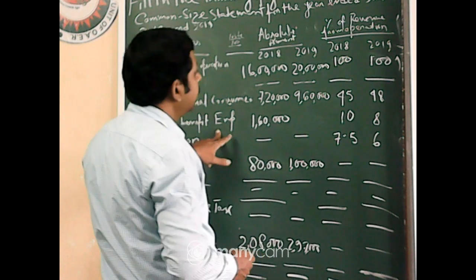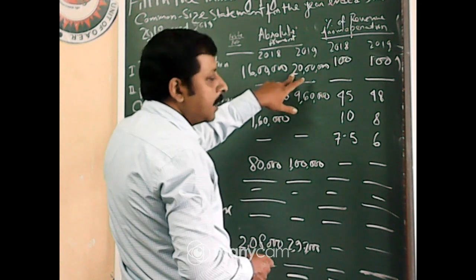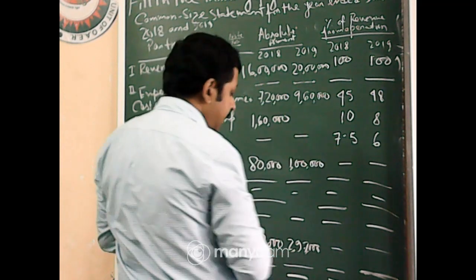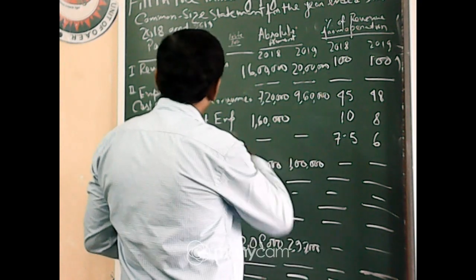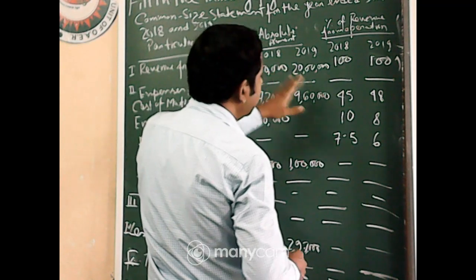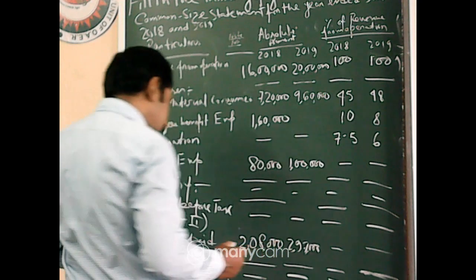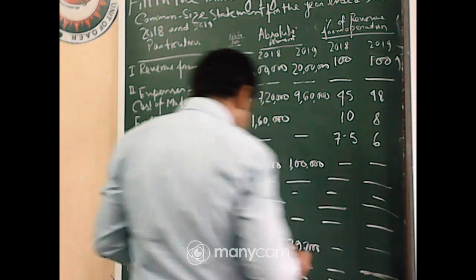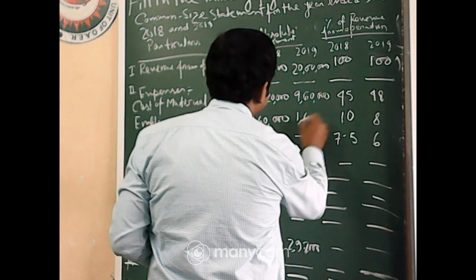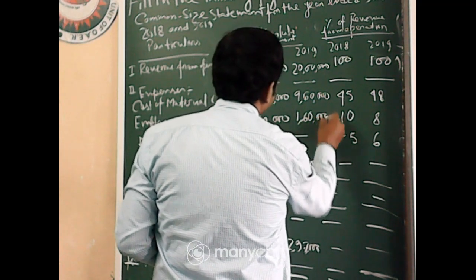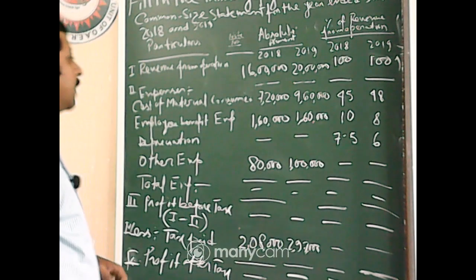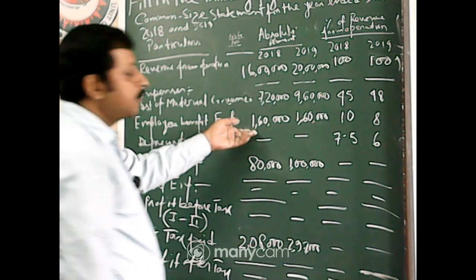In 2019, total revenue from operation is 20 lakh and 8% is employee benefit expenses, so 20 lakh into 8 by 100 will again become 1,60,000. So you have to find the absolute figure.